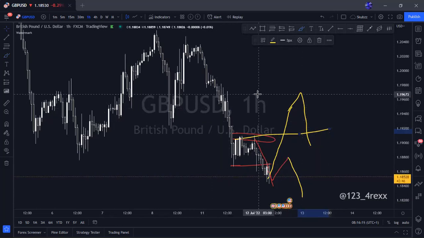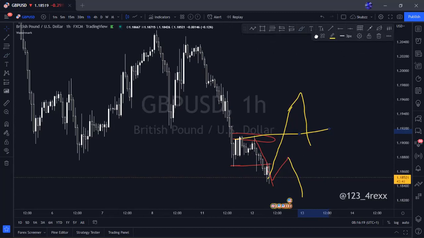So, that being said, what pairs do you guys want me to take a look at before we go? And what questions do you guys have before we go? Any pair you guys want me to take a look at before we go?